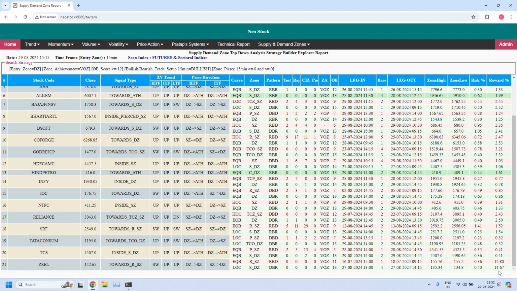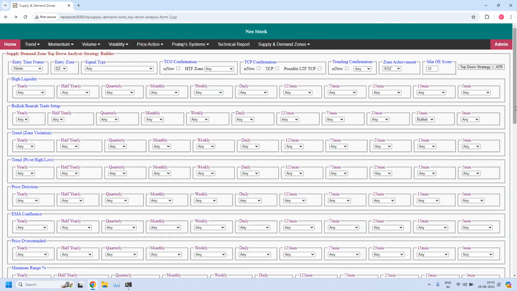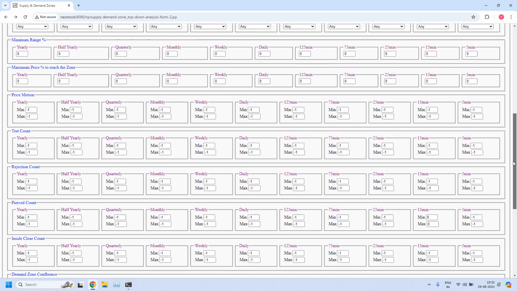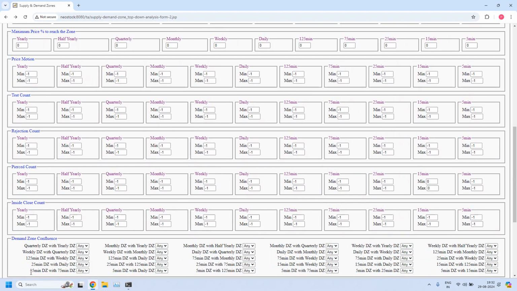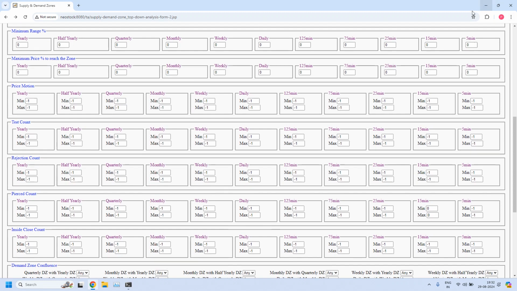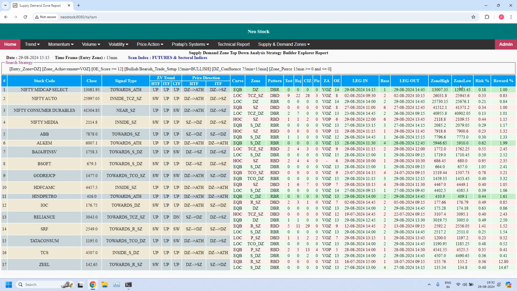Out of these 21, let's verify how many of these stocks are having zone confluence with ITF time frame, that is 15 minutes and 75 minutes zone confluence, demand zone confluence. So here 15 minutes demand zone with 75 minutes demand zone, I am enabling this option with this filter. So total 17 stocks are filtered. All these 17 stocks are having 15 minute zones and 75 minute zone confluence.